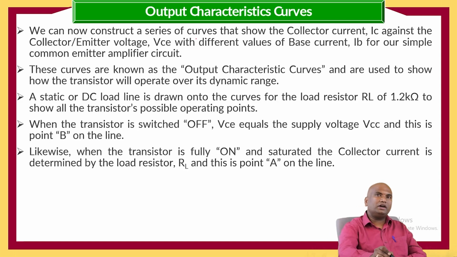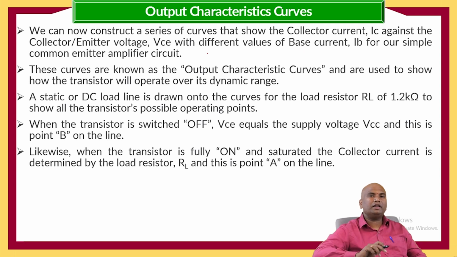So we can now construct a series of curves that show the collector current IC against the collector emitter voltage VCE for different values of base current for our simple common emitter amplifier circuit.